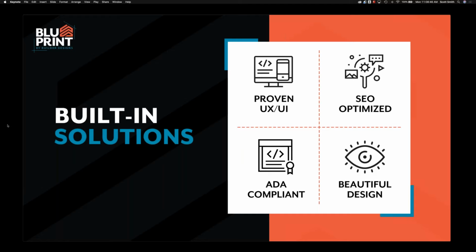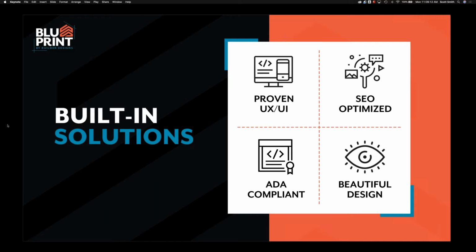Yeah, and some of the built-in pieces that come in the Bluprint product out of the box as a starting point. All the proven user experience and user interface modules that we've created over the past, we've refined those, made sure that they're really easy to use and function correctly at all screen sizes.